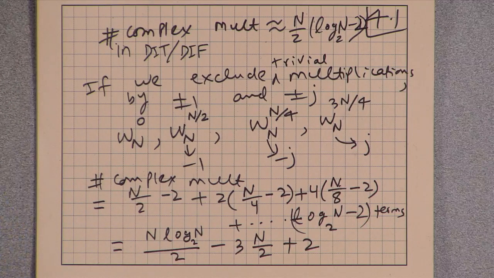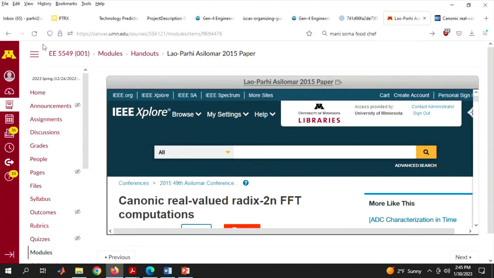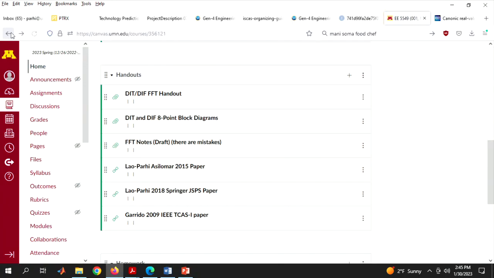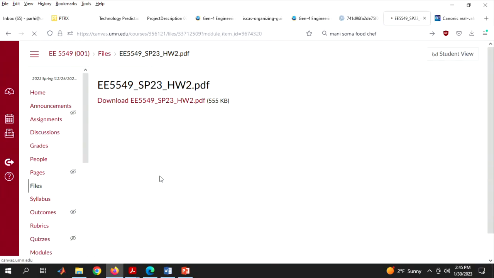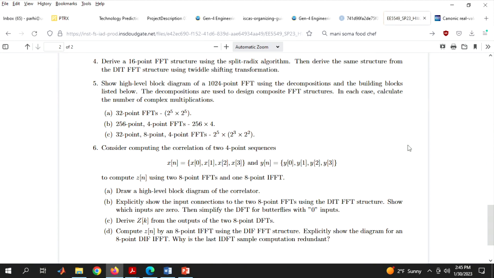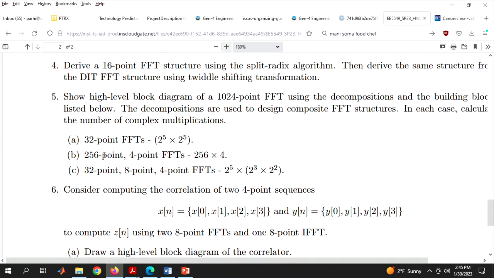Okay, so I was asking you, if we are to compute a 1024 point FFT, then the first one is just asking, so 2 to the power 5.